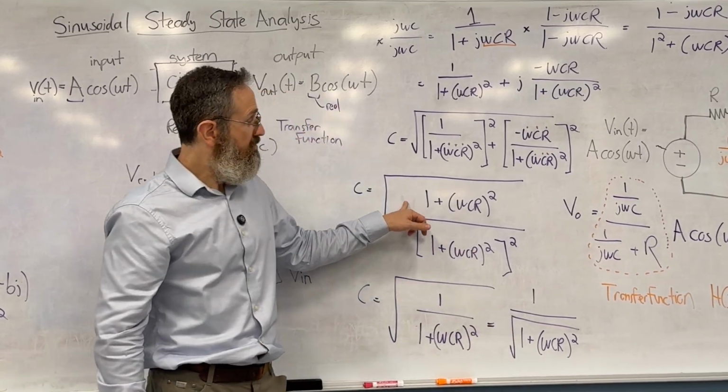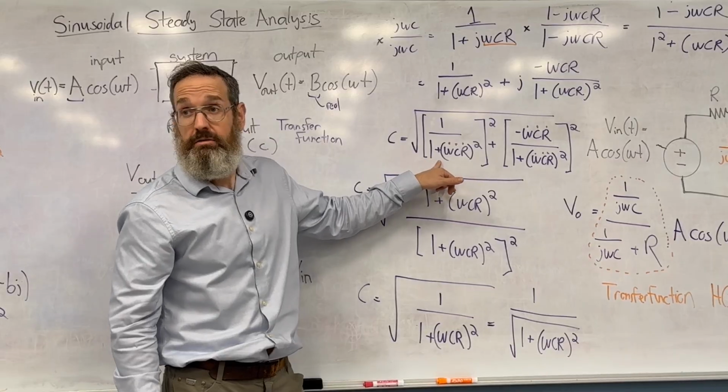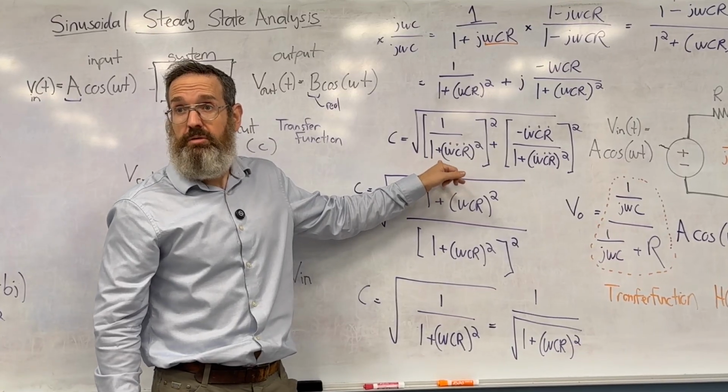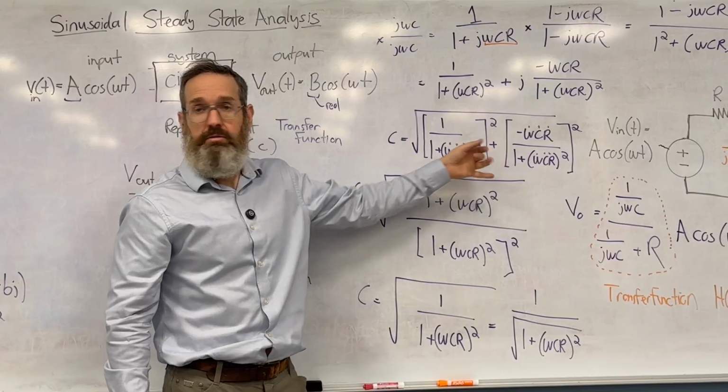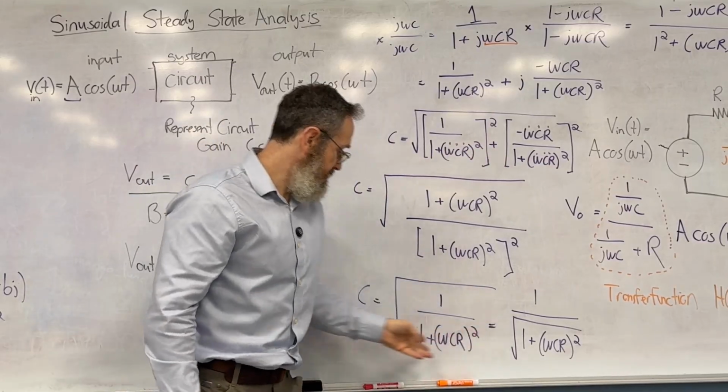I could have stopped here. Actually, I could have stopped here because this was already a number. If this is 3, then it's still 3.